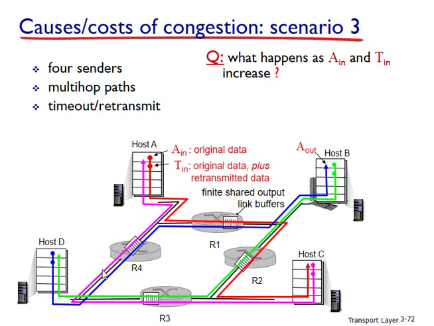The A to C connection shares router 1 with the DB connection and shares router 2 with the BD connection.